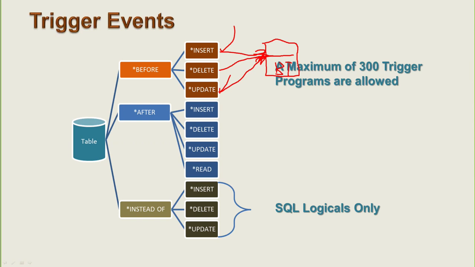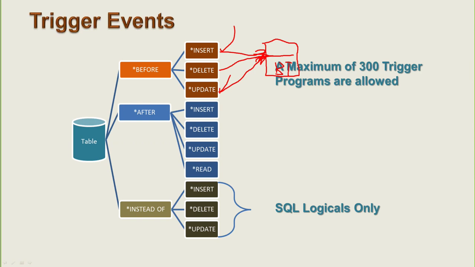It can respond without comment. If a before trigger responds to the database management system without comment, then the database management system proceeds with the next step, which is to insert, delete, or update the record on the table. But not to commit it.